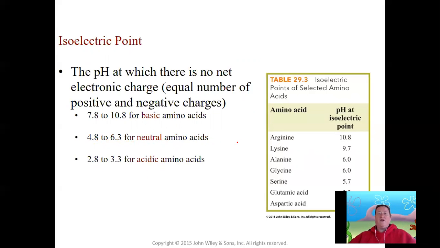So the overall takeaway of this is every single amino acid has a pH in which the amount of negative charge is equivalent to the amount of positive charge. There's no net electronic charge, and that is called the isoelectric point.